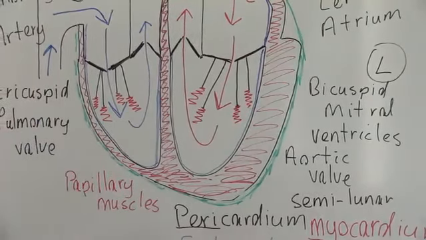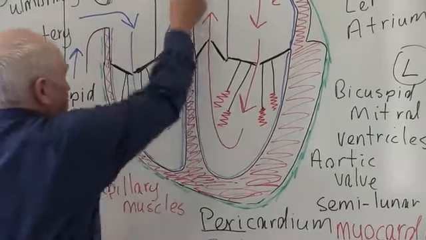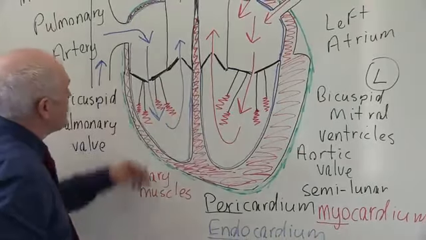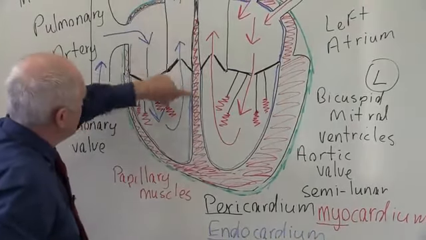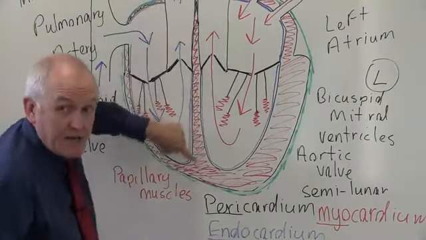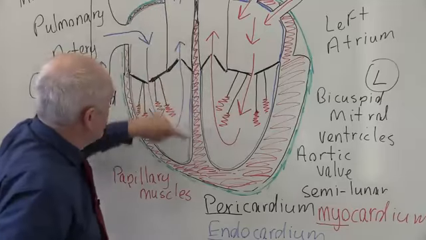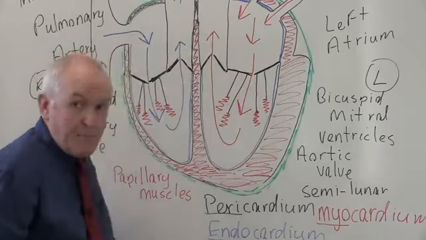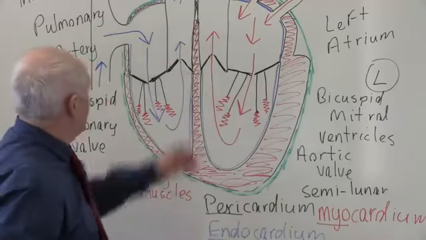So what we see is that the heart is in two sides, the left side and the right side. And this structure separating the two sides. Now, a structure in anatomy which separates is called a septum. And of course, this is the heart.